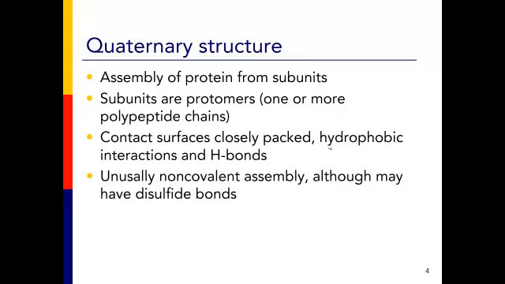Again, we already said that the surface of those interactions may be hydrophobic interactions. There certainly can be hydrogen bonds. There certainly can be disulfides, covalently cross-linking those, but that's pretty untypical. Usually they assemble by non-covalent assembly. So there's nothing covalently holding them together.